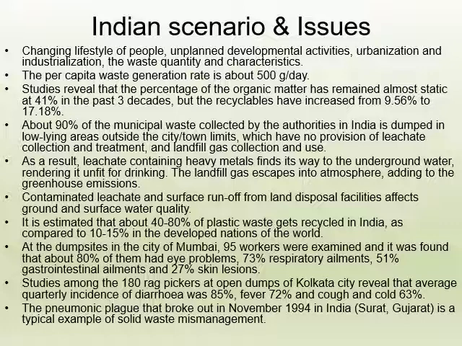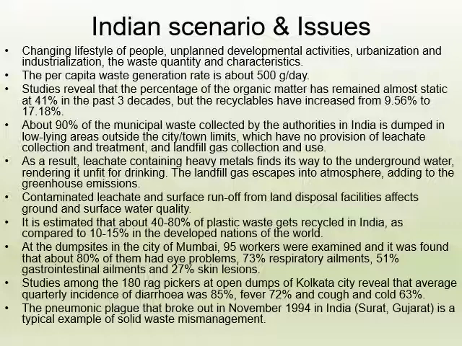The per capita generation rate is about half a kg per day. Per capita means per head, but it is growing. It is not fixed at 500 grams or half a kg. In 2010, it was estimated to have changed to 600 grams per day.